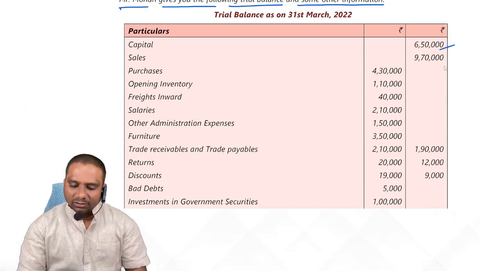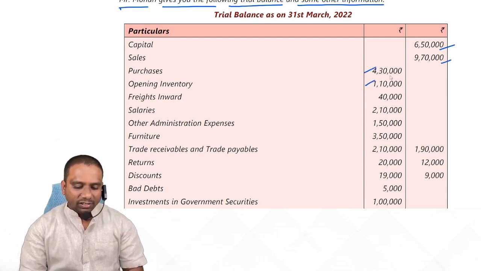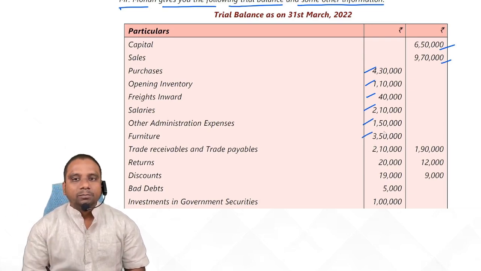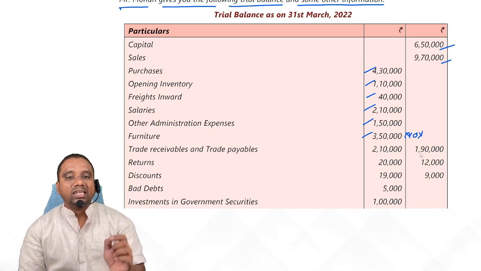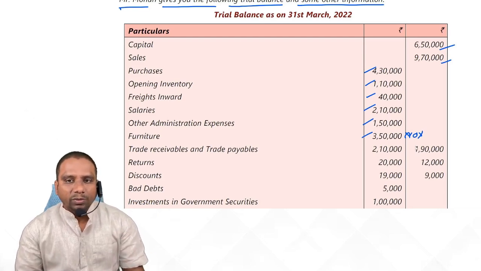Capital, liability. Sales, trading account credit. Purchases, debit. Opening inventory, debit to trading account. Freight inward, trading account debit. Salaries, P&L account debit. Other administrative expenses, P&L account debit. Furniture, asset. Now on furniture we have to provide 10% depreciation, 35,000 rupees, and don't forget to show it on the P&L account debit side.